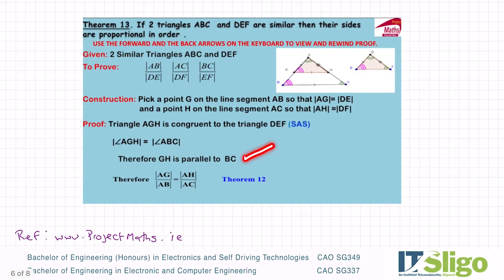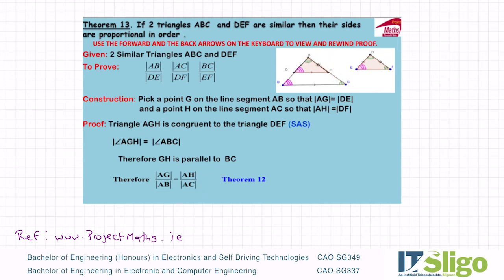And when you have that parallel line parallel to the bottom, that should look like Theorem 12 to you now. And if you remember Theorem 12, it says that they cut the lines in the same ratio, so that AG over AB would be the same as AH over AC.